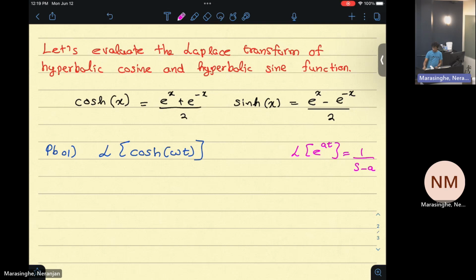This is what you need when you are solving this problem. Let's try to apply the definition of hyperbolic cosine.